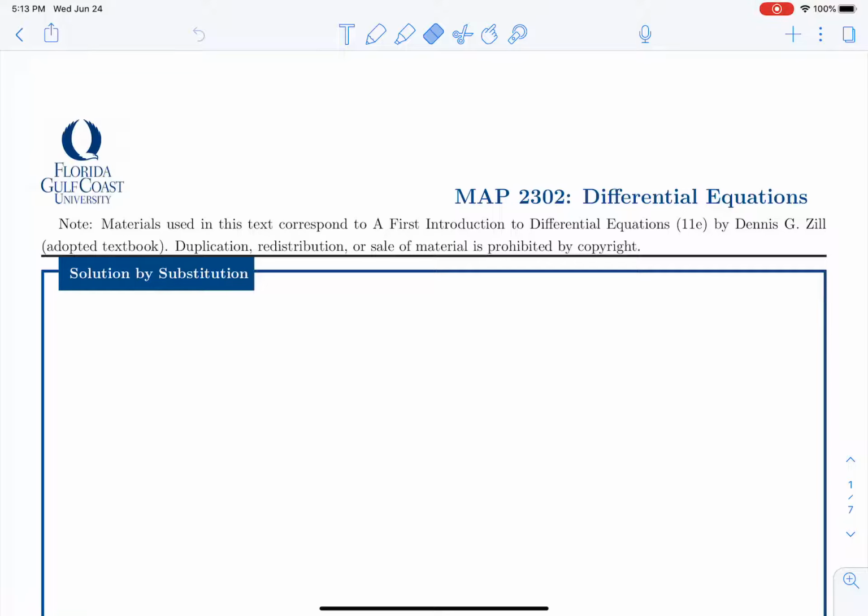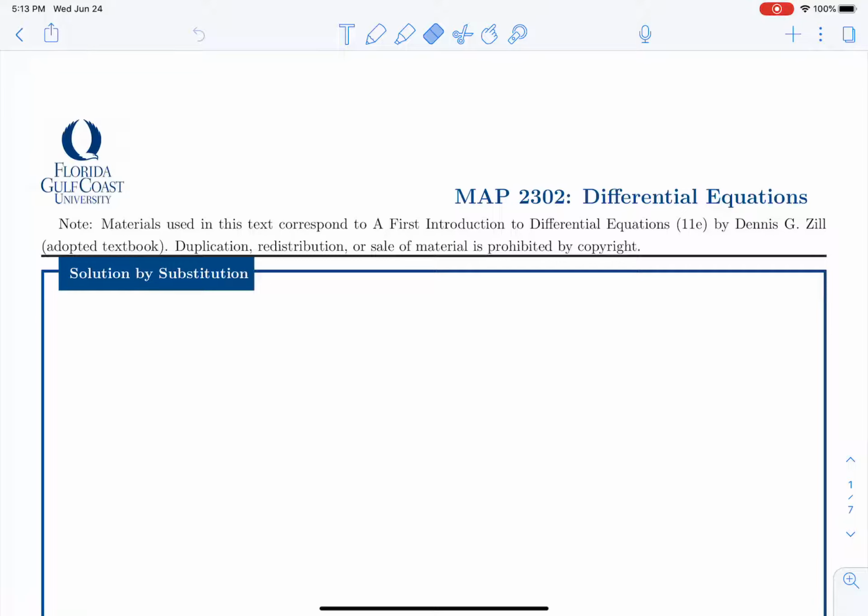So that is the purpose of substitution. And that is the method of substitution in differential equations.